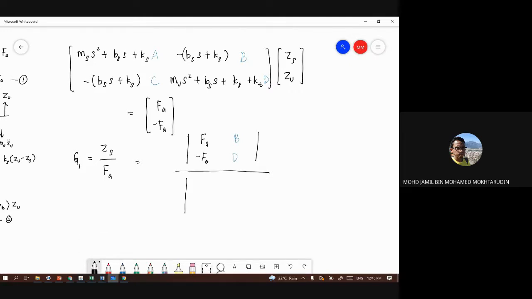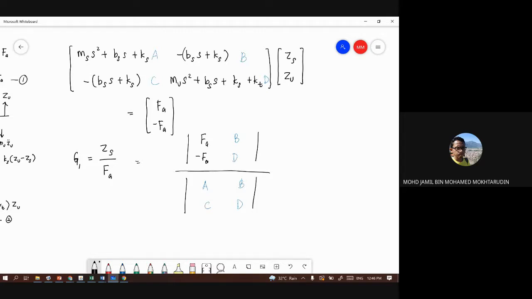Divided by the determinant of A, B, C, D. So the answer given to me, you need to simplify. A 2 by 2 matrix, simplify.